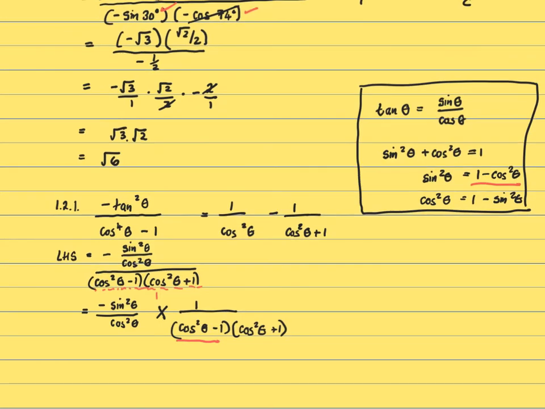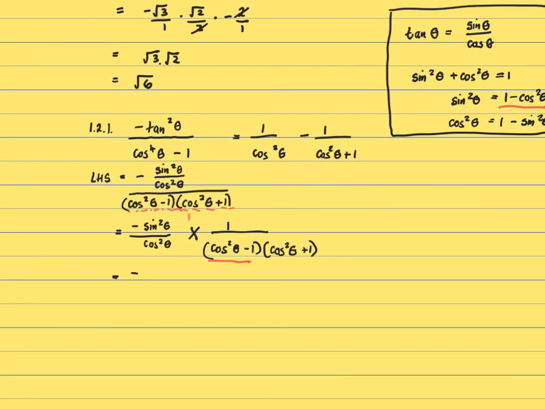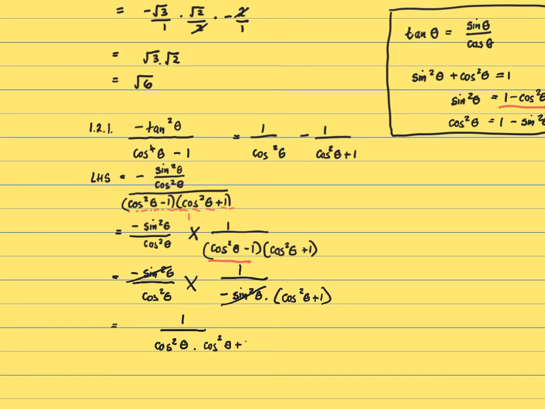So do you agree with me that I could go and write this now as negative sine squared theta over cos squared theta times 1 over, now for the switcheroo it's going to become negative sine squared theta times cos squared theta plus 1, and that's going to help me because now those two are going to cancel and I'm left with 1 over cos squared theta times cos squared theta plus 1.